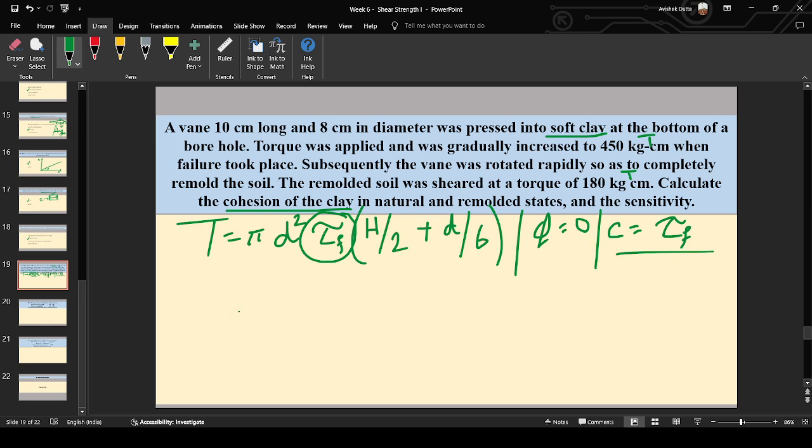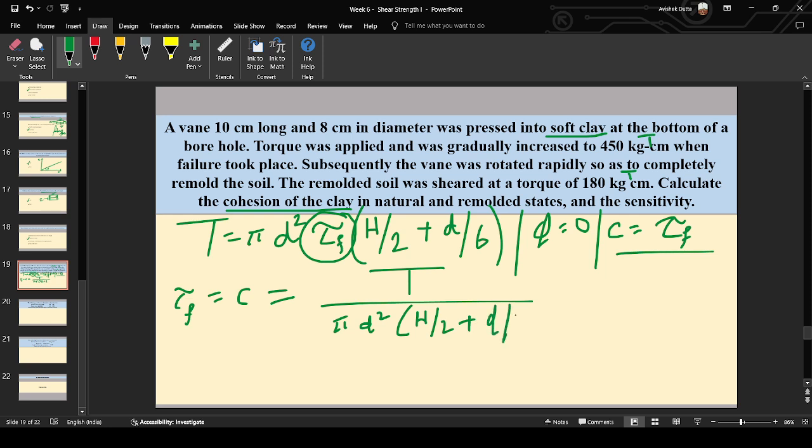Tau f, which is equal to Cu or C, cohesion, is equal to torque divided by pi D square into H by 2 plus D by 6.